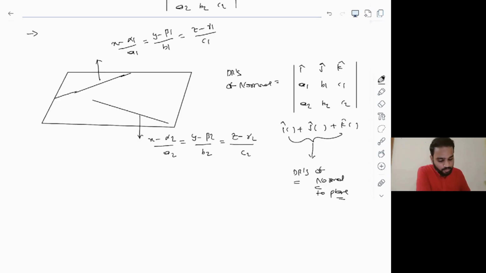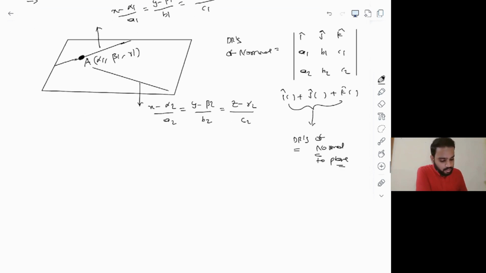Right? So as you can see, based on the first line, I can say that there is a point A(α1, β1, γ1) which is lying on the plane, because if the line is lying on the plane, then the point is also lying on the plane, because the point itself is lying on the line and the line is lying on the plane, which makes the point clearly lie on the plane.